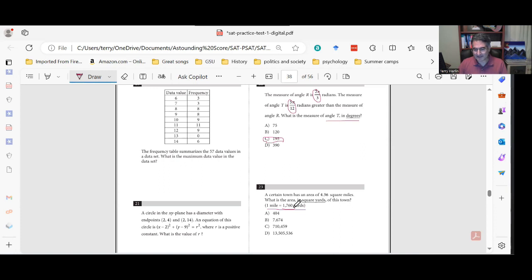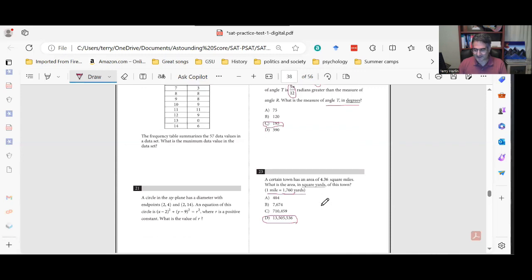And everybody should know that 1,000 times 1,000 is a million. The only answer choice that is in the millions is D. So that has to be our answer, because I'm looking at multiple square miles here.